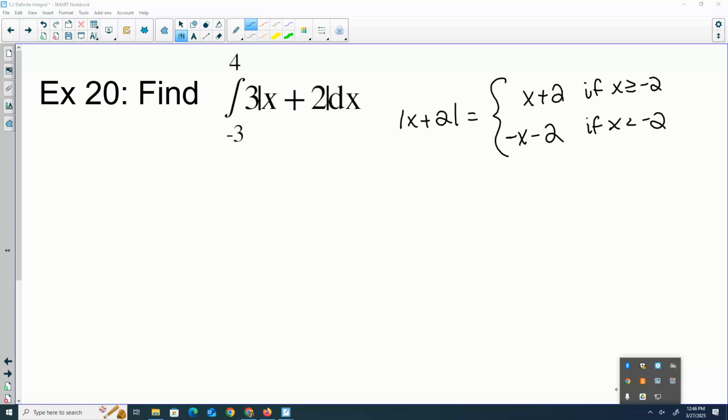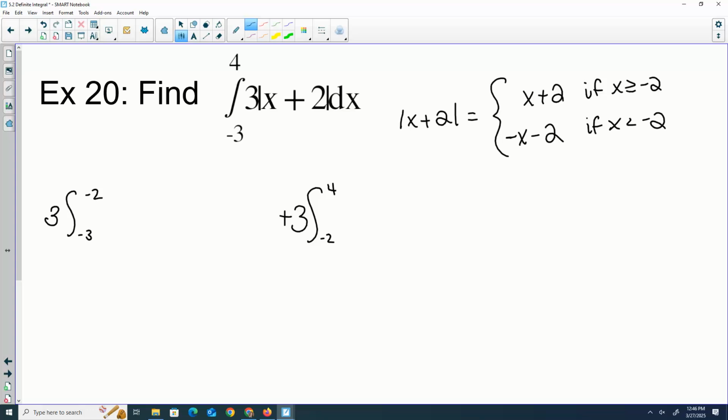We're going to have to integrate from -3 to -2, and from -2 to 4. The 3, you can keep it in. You could also, if you want, pull it out in front of those integrals. That is one of the properties. So if you kept the 3 inside, that's fine. If you don't want it there, you can pull it out in front.